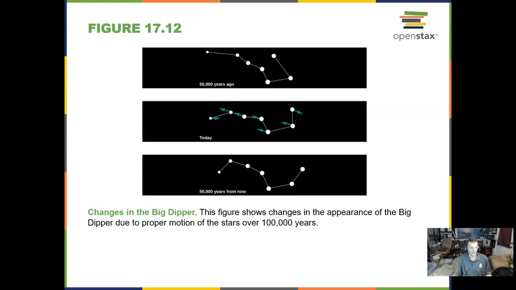The Big Dipper has changed in position over the years. The stars appear to form a Big Dipper, but they are actually different distances away as we see them in space. So 50,000 years ago, it didn't look like much of a dipper, and in 50,000 years, it will look like a wheelbarrow, maybe.